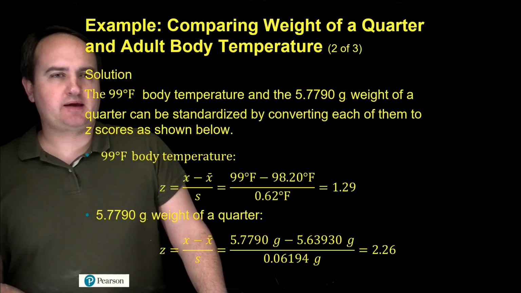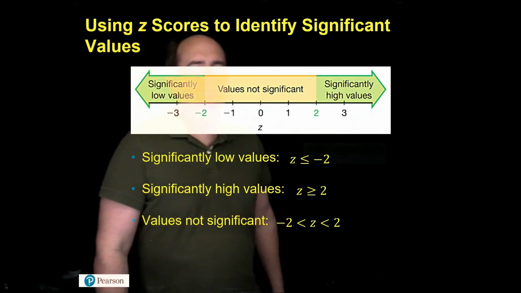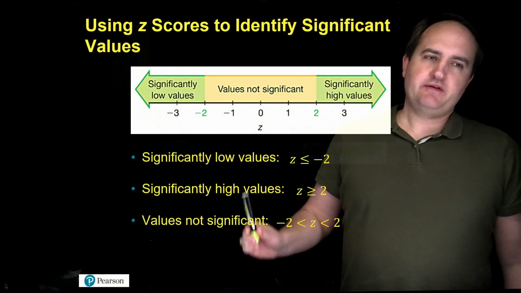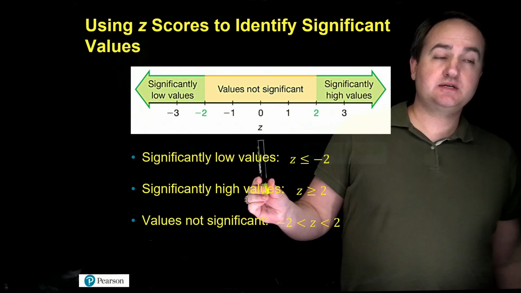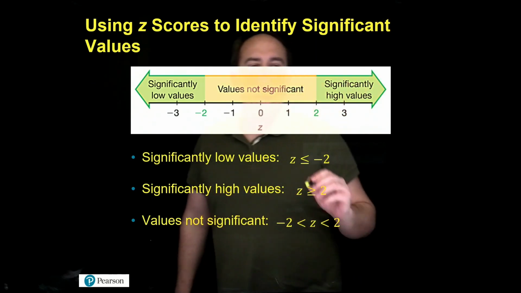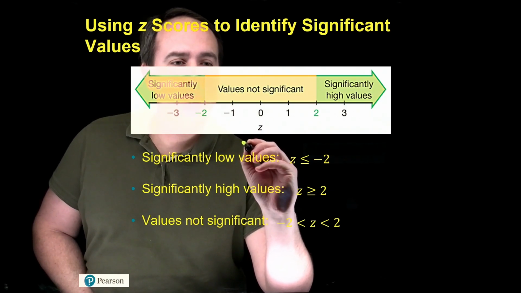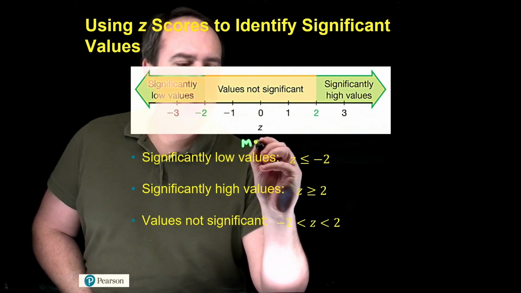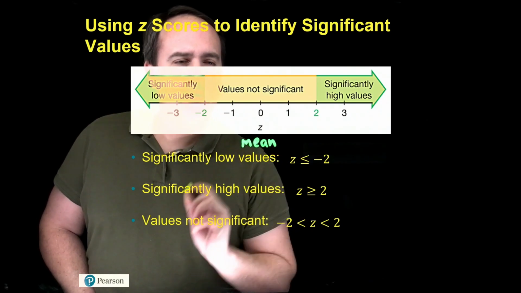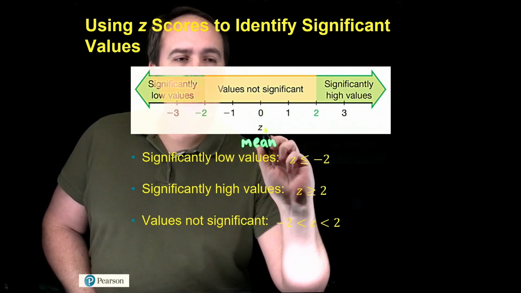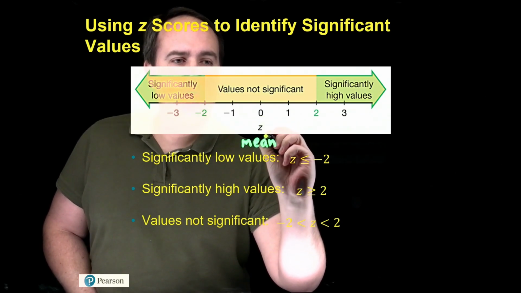Okay, so just going back to that picture, if you have a z-score of 0, that means that your data value is the mean. So the mean for a z-score would be a z-score of 0. So this is the mean right here. Z-score of 0.